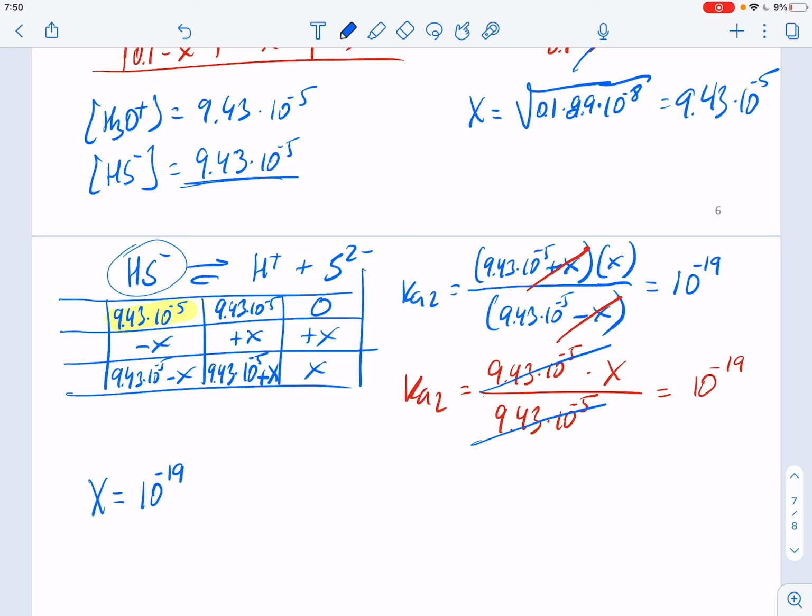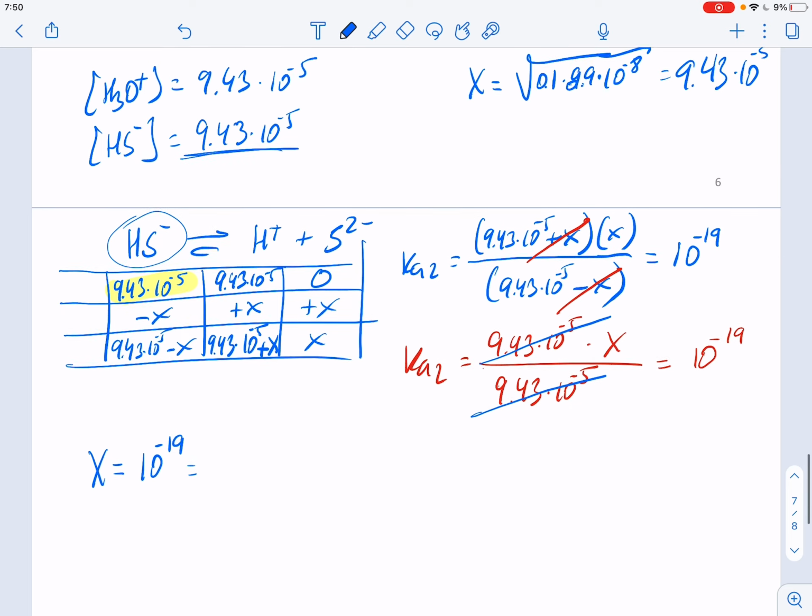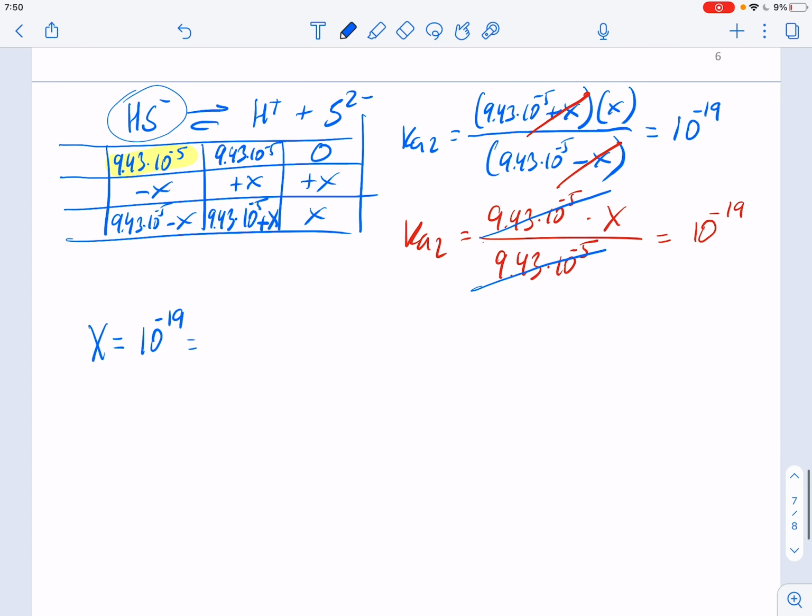Okay? Now, one thing you have to realize here: if you are calculating the concentration of H3O plus, what you're doing is 9.43 × 10^-5 plus 10 to the negative 19. This is very small, right?